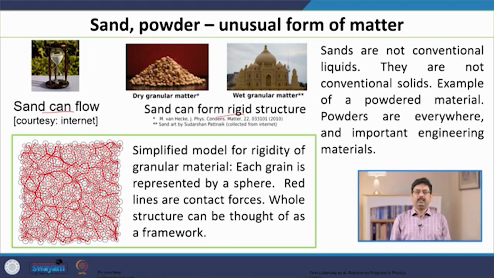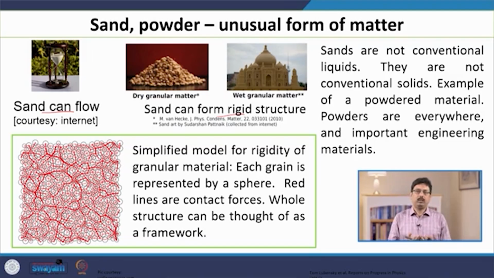Now, sand is an example of a powdered material. Powdered materials are very important. For example, a lot of chemicals are produced in powdered form, such as cements, or even the medicine that you take as a capsule is put in the capsule in powdered form.